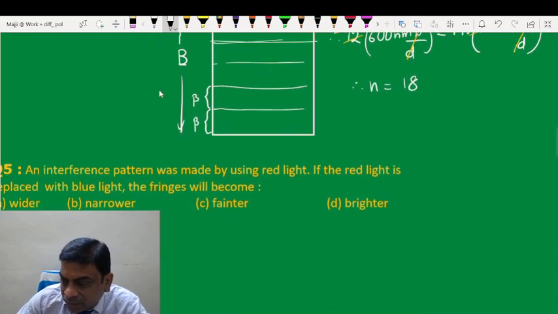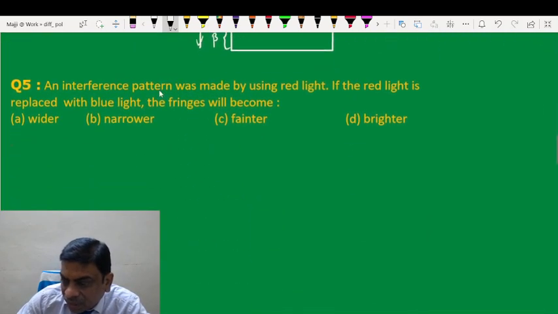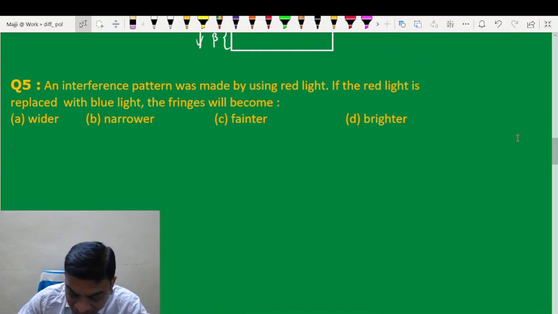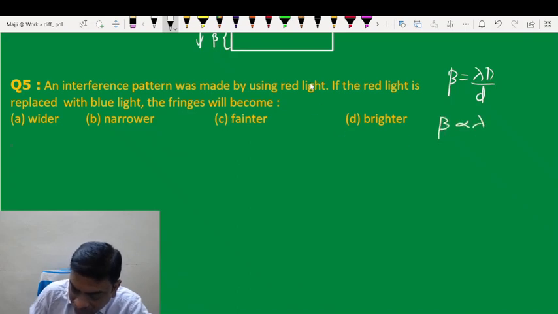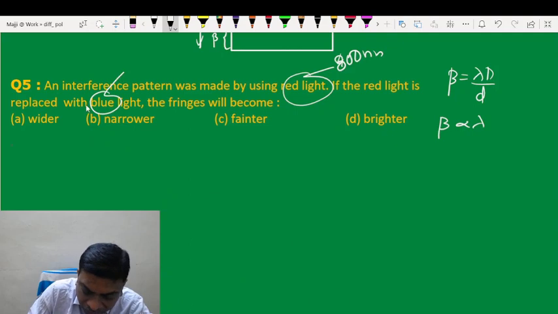18 is the answer. Then coming to question 5, an interference pattern was made by using red light. If the red light is replaced with blue light, the fringes will become. As you know, fringe width is directly proportional to lambda, isn't it? So red light has approximately 800 nanometer, whereas blue has approximately around maybe 400 nanometer.